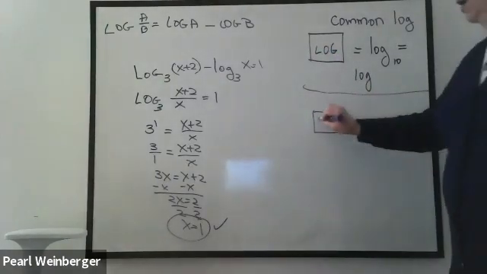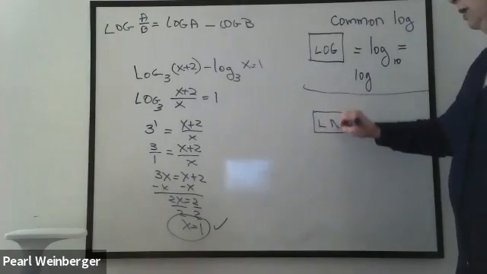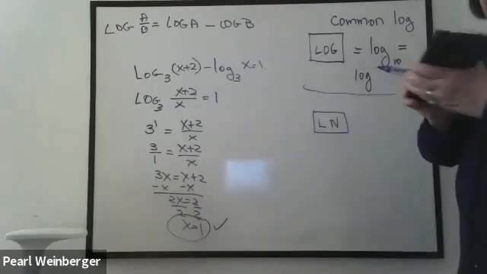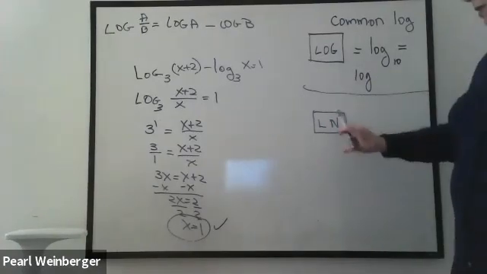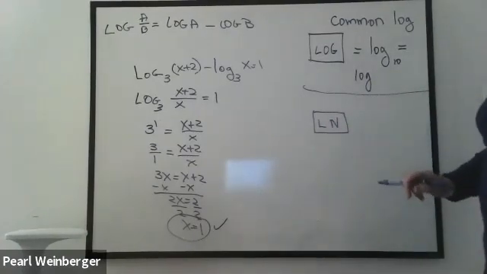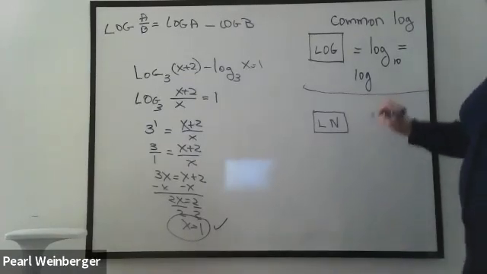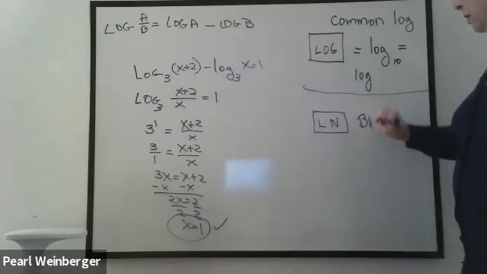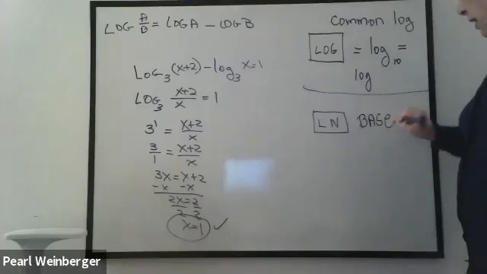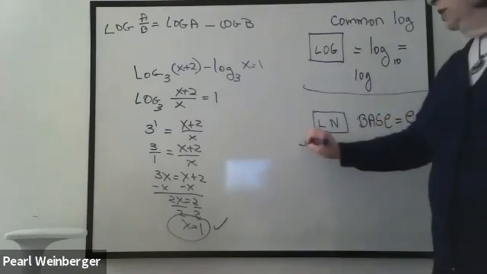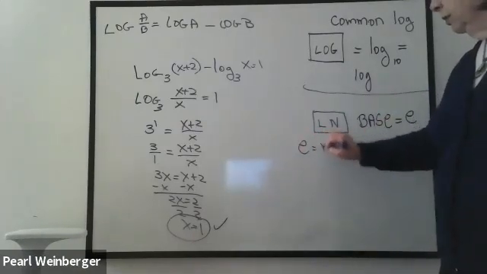Now on your calculator, usually right below the button that says log is a button that says LN. Now LN is also a log button. The base of this log is a special number called E. E is what is called the natural number.